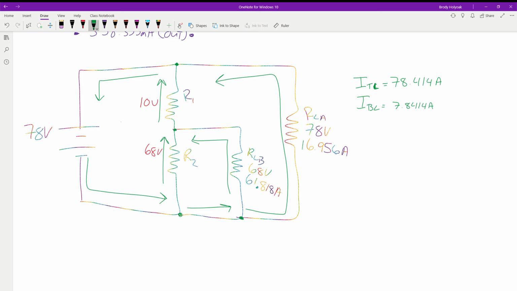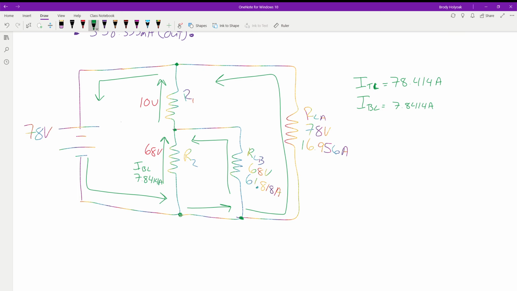Now, where does our bleeder current go? R1 or R2? Why? Yeah, as it comes up through here, it's never going to hit into the load. So I bleed is here at 7.8414 amps.